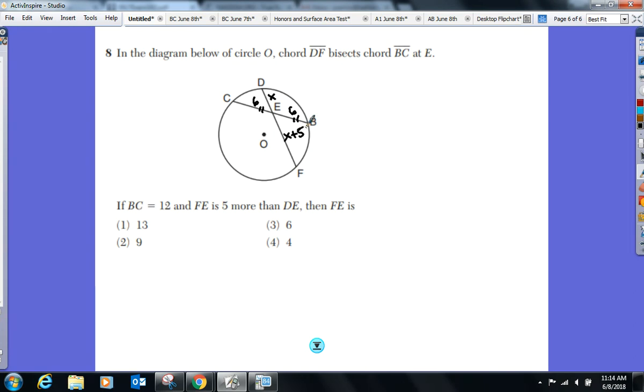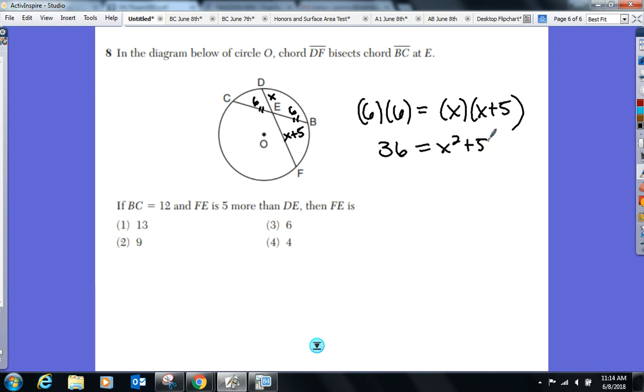Did you guys find in your cold hard facts what my rule is when you have 2 intersecting chords? They break them up into 2 parts, and the products are equal. So 6 times 6 on one chord is equal to what on the other chord? X times X plus 5, yep. So 36 equals X squared plus 5X.